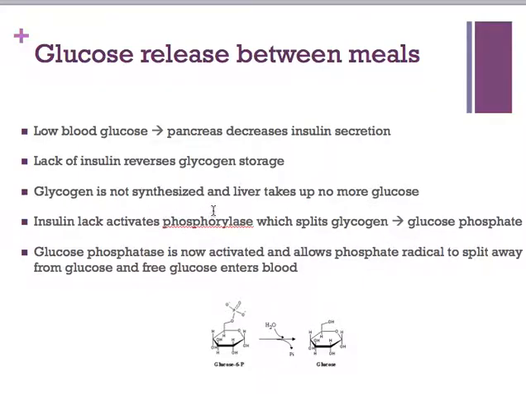We start to activate and then allow phosphate radicals to split away from glucose, and so free glucose can enter the bloodstream. So insulin enhances utilization and storage of glucose at every level in the tissues that can physically do those activities in the anatomical body.